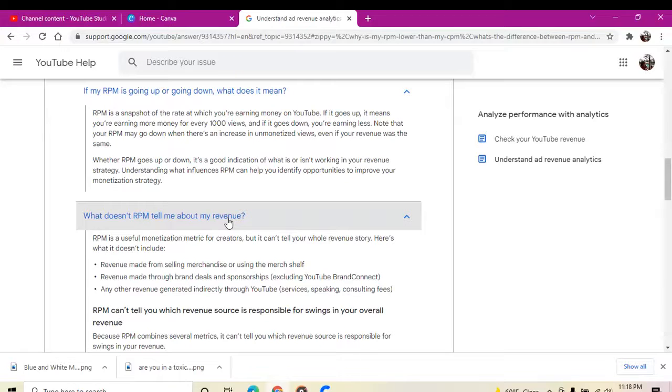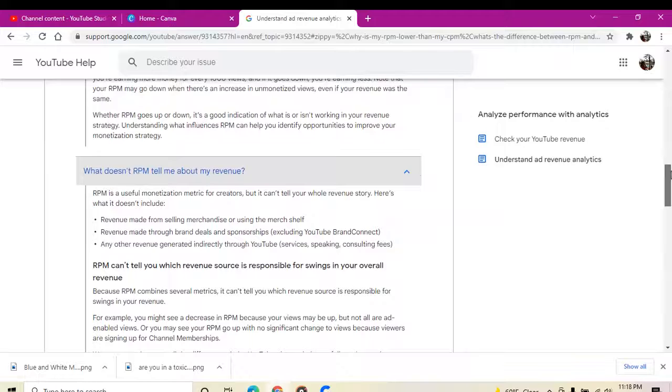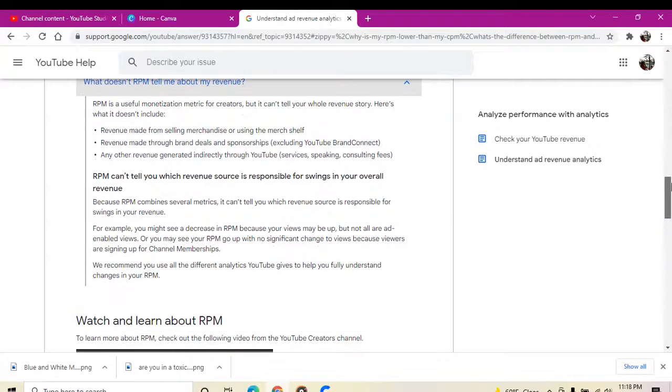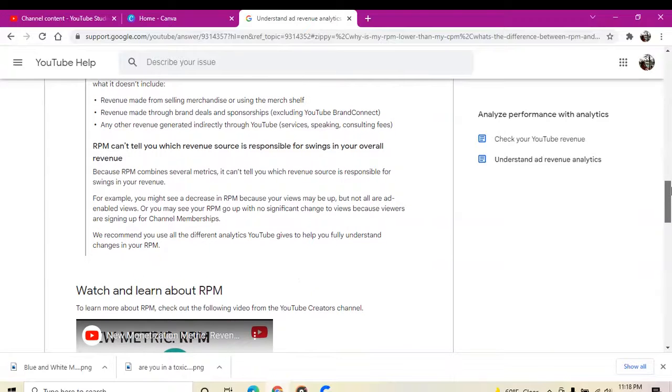RPM can't tell you which revenue source is responsible for swings in your overall revenue. Because RPM combines several metrics, it can't tell you which revenue source is responsible.